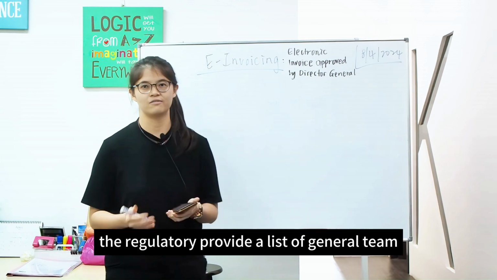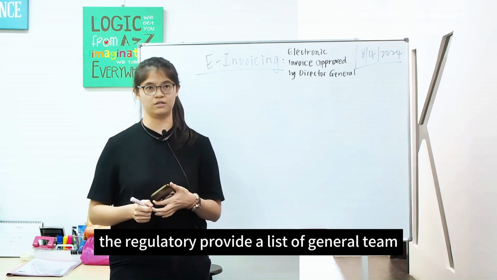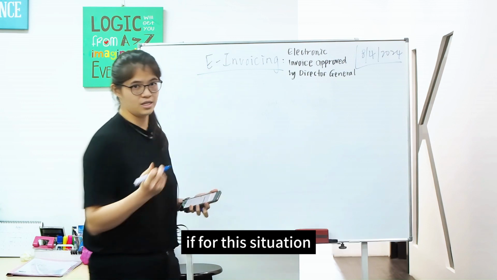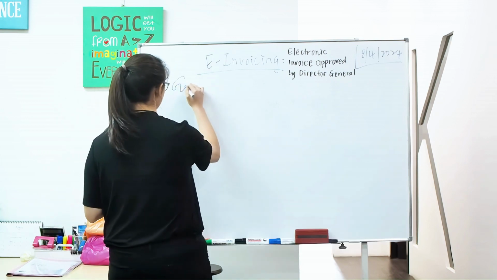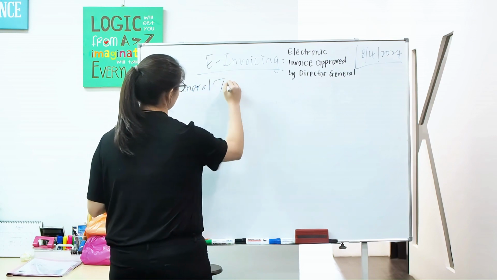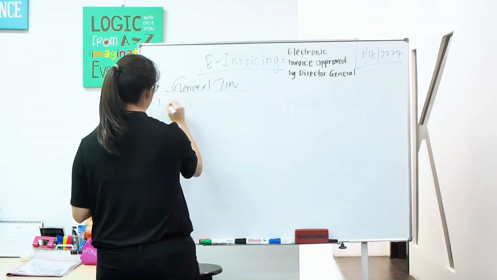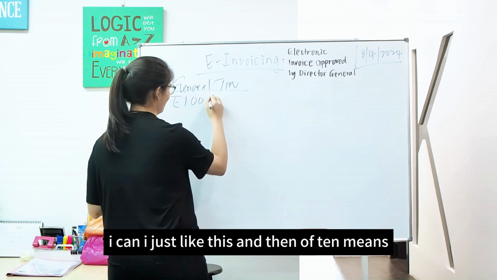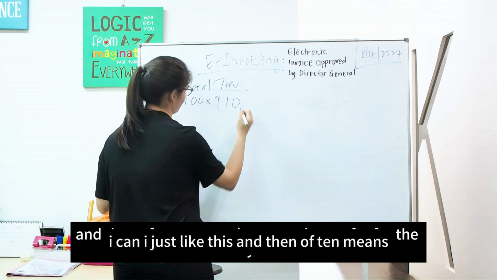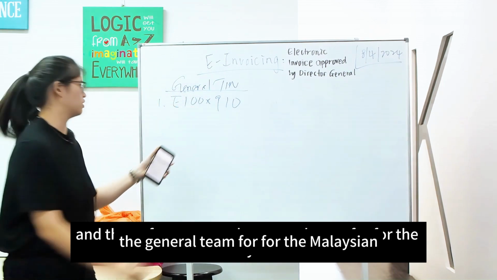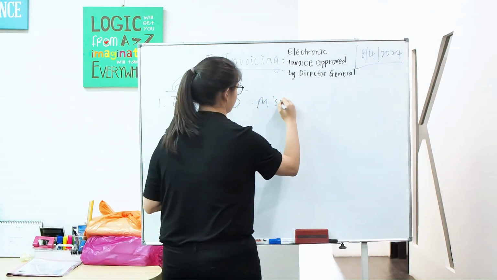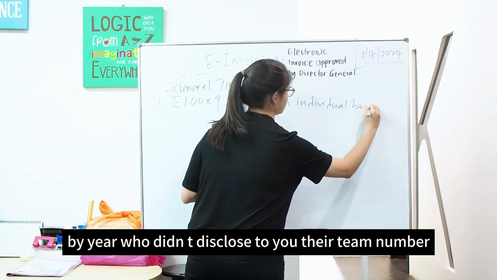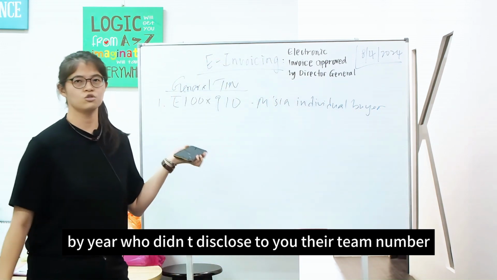Actually, the regulator provides a list of general TINs to deal with this specific situation. For this situation, the general TIN will be the one ending with 10, which is the general TIN for a Malaysian individual buyer who didn't disclose their TIN number.